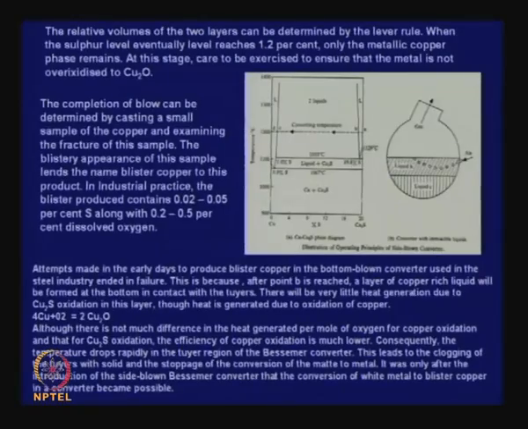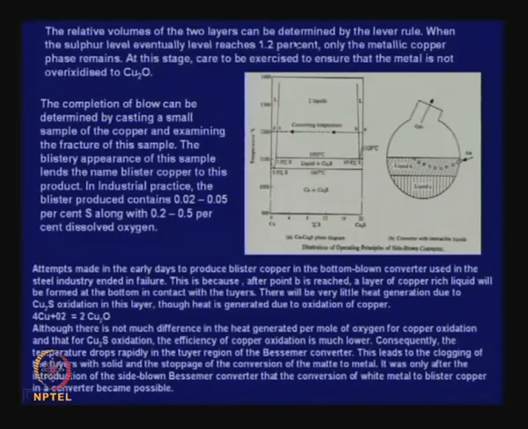Now, it is copper sulfide's turn to start getting oxidized. You gradually begin to build up Cu2O, and then you create 2 layers. What are these layers? That will come if you look at the phase diagram here.